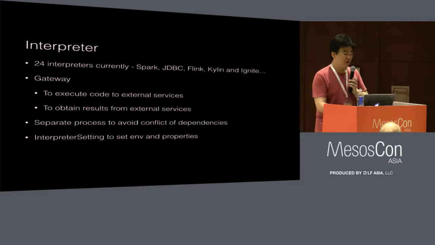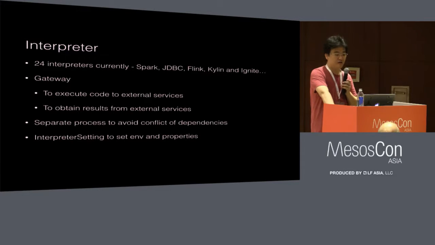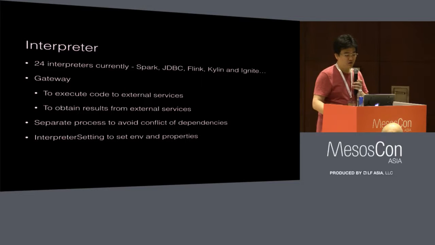The interpreter is a gateway. It means you can execute code through an external service, such as Spark or a JDBC database, and get the results back from the external service through the interpreter.